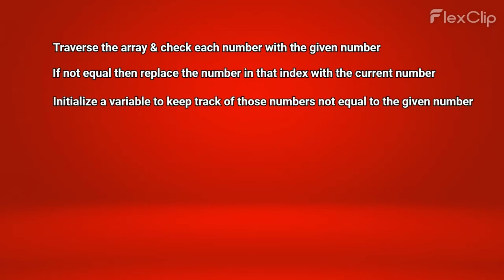We initialize a variable, say i, to 0, and now we start looping through the array with another variable, say j.